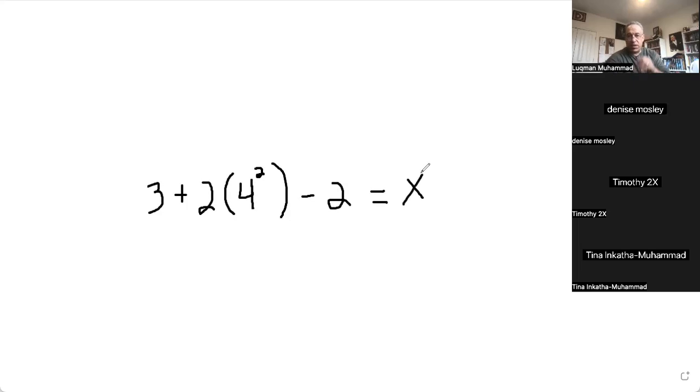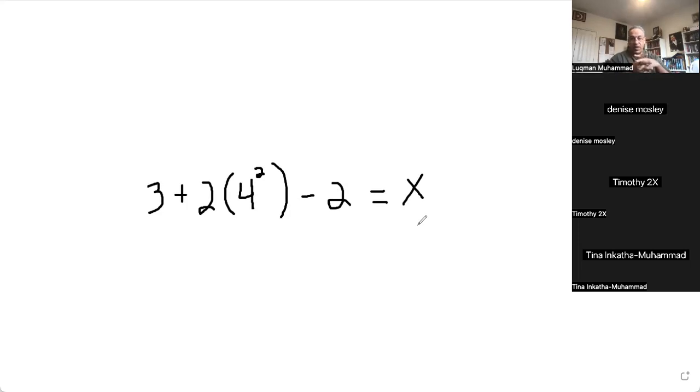So if I give you this equation, if I say 3 plus 2, and I do this, and I say 4 squared, and I say minus 2 equals. So X means this, our answer is unknown.